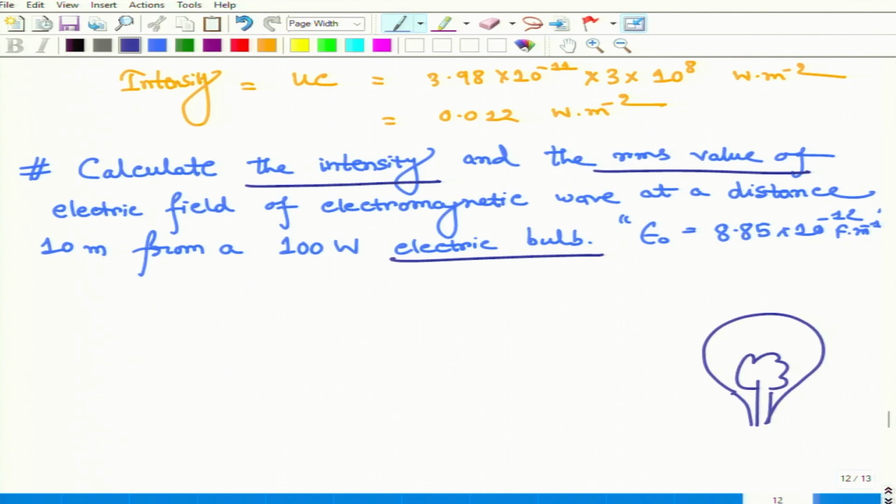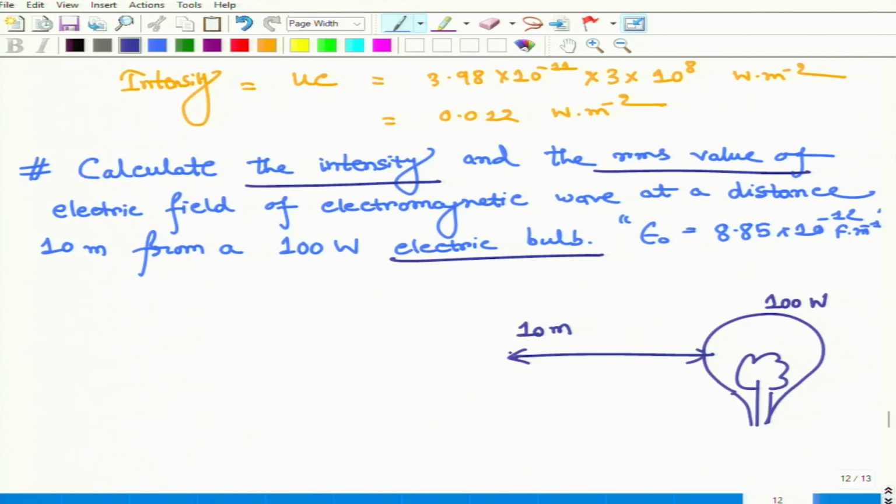So a 100 watt electric bulb, and the distance is 10 meter from the electric bulb. The light is emitting, and light is essentially an electromagnetic wave. The power of the electric bulb is 100 watt. That means per second 100 joule of energy is emitting. Okay, the energy is given.